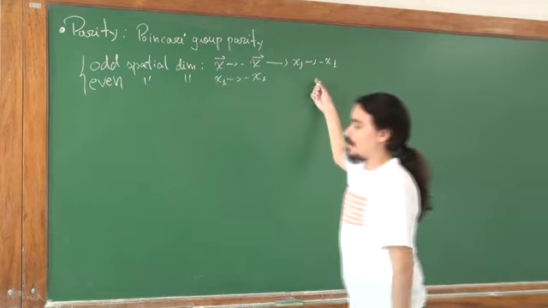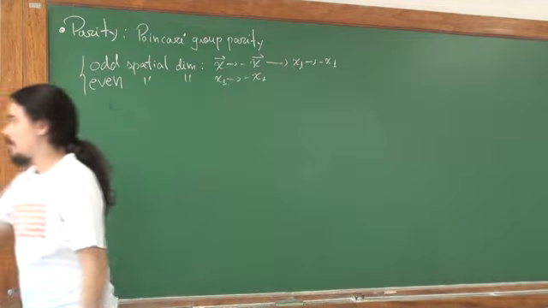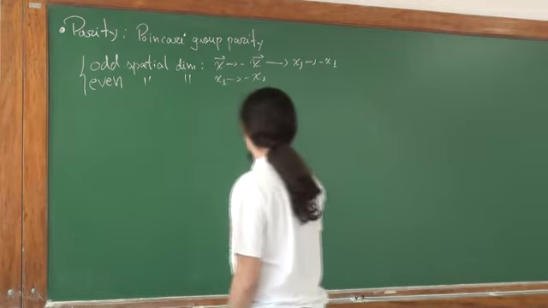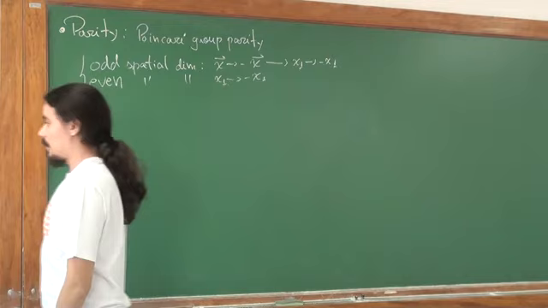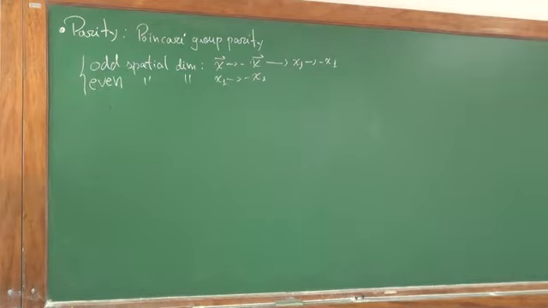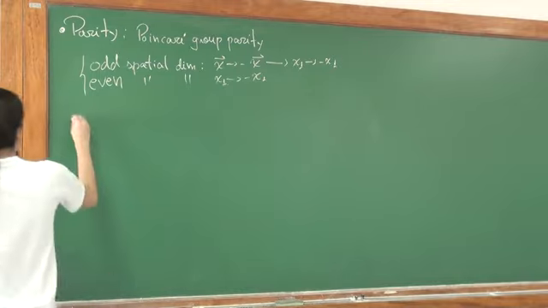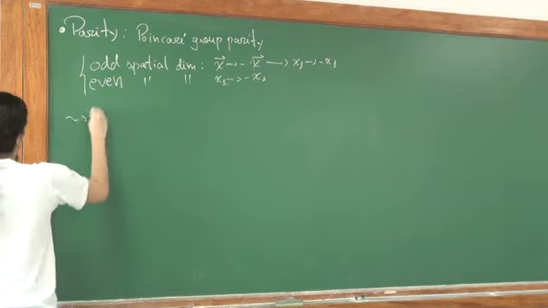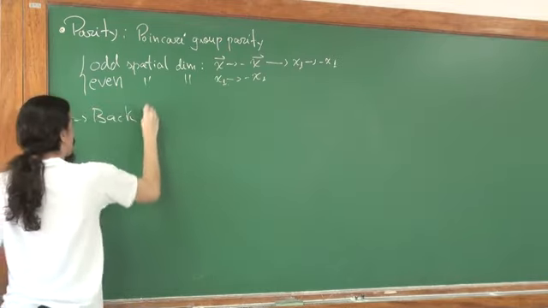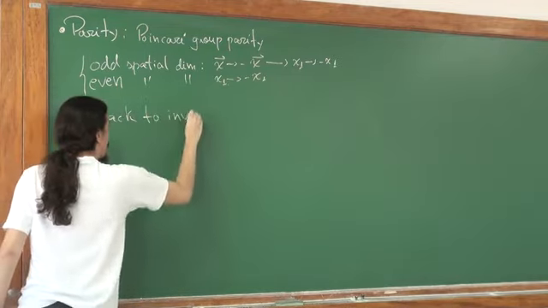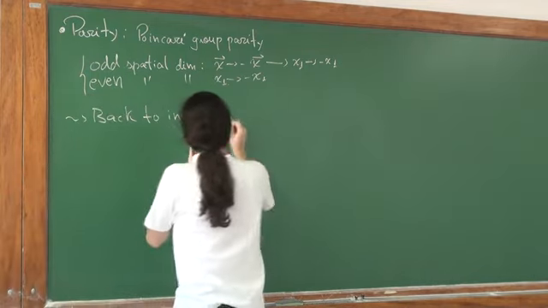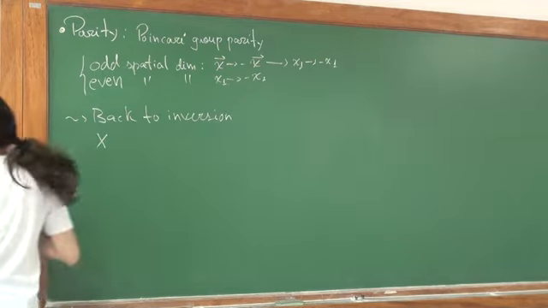And I'm telling you this because you have a connection here with inversion. Here I gave you the condition in terms of these light coordinates, x plus and x minus. So, back to inversion. I wrote them here.